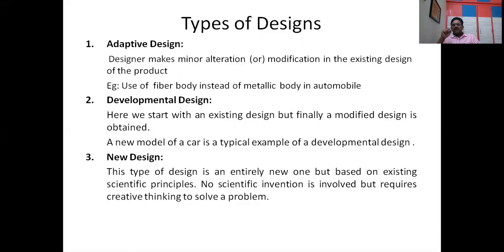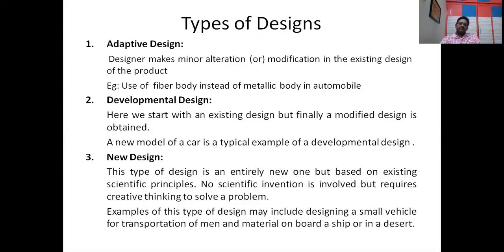In new design, an entirely new concept and new design will come into the picture. These are the types of design. An example of new design is designing a small vehicle for transportation of men and material on board a ship or in a desert. This is entirely new.